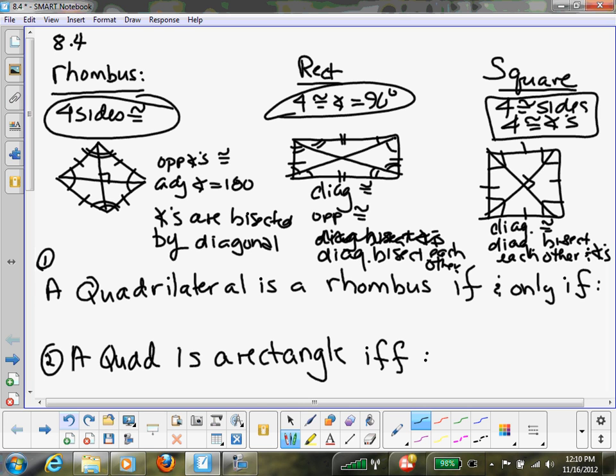All right, a square, last one we're going to talk about today. Most specific will have the most amount of check marks, yes? Which one are we not going to check on a square? What's the other one? I guess you can check both pairs of opposite sides are congruent, but I also have all sides congruent.